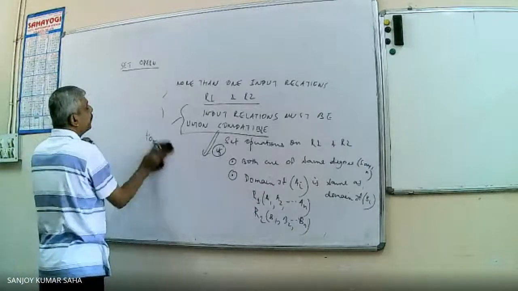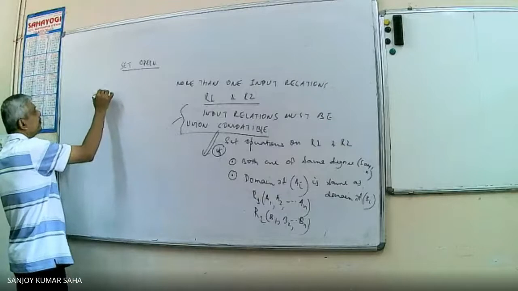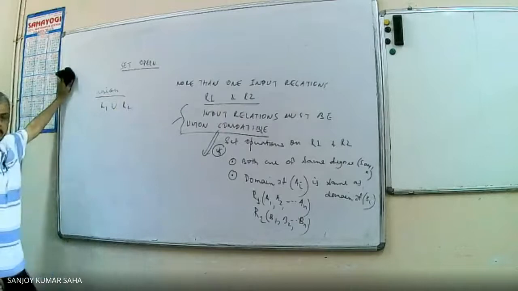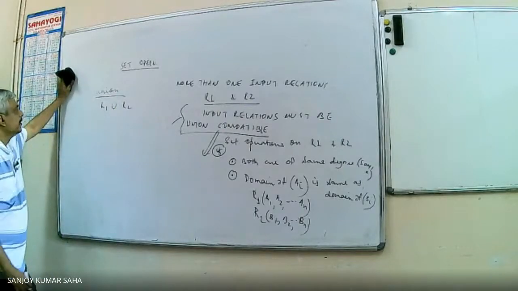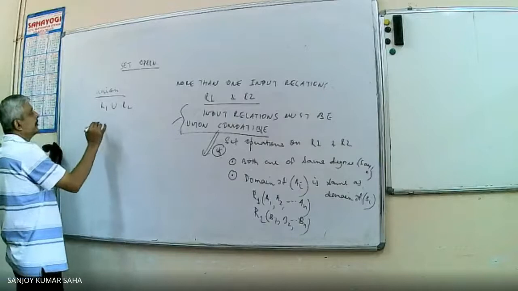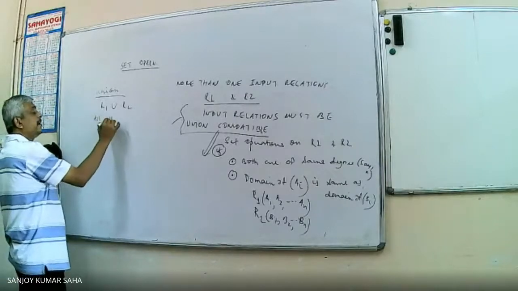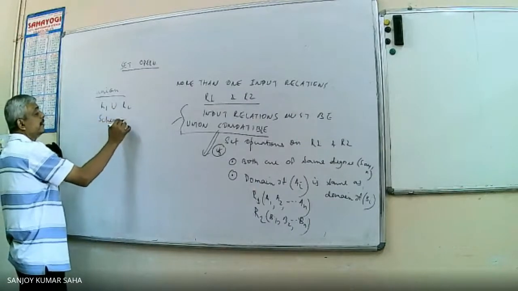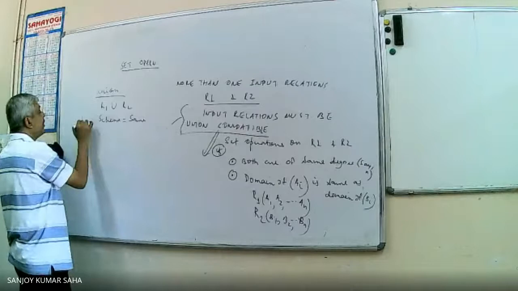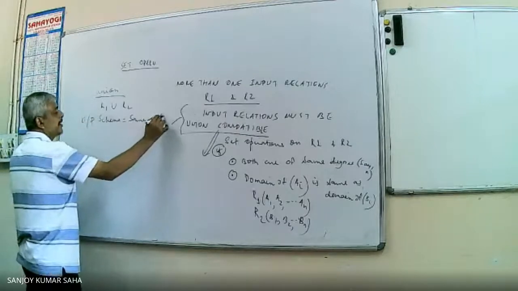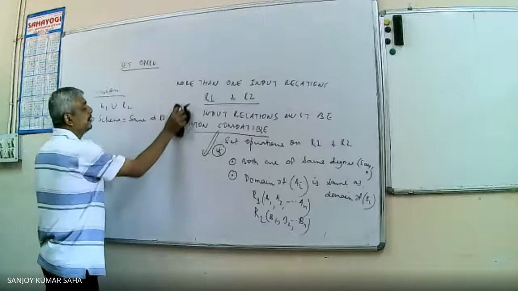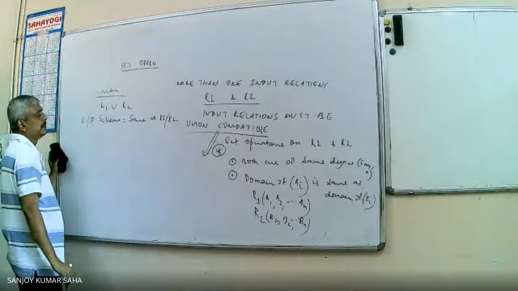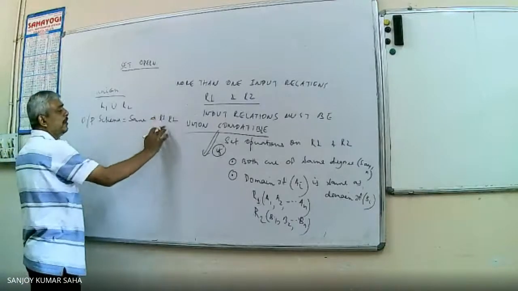Now if we look into the union operation, R1 union R2, the output schema is the same as R1 or R2, because both are of the same degree and the corresponding attribute domains are the same.